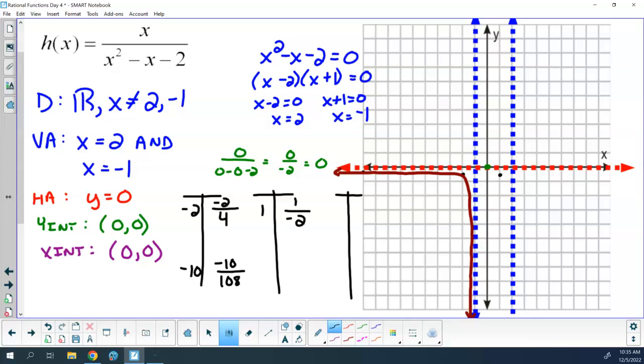And since this numerator x-intercept was a singleton, it's not a bouncer, meaning that it wasn't x squared equals 0. It's got to come down from here, cross over, and make the turn. Double roots, remember, are bouncers. This wasn't a double root, it was a single root, because it was just x in the numerator.